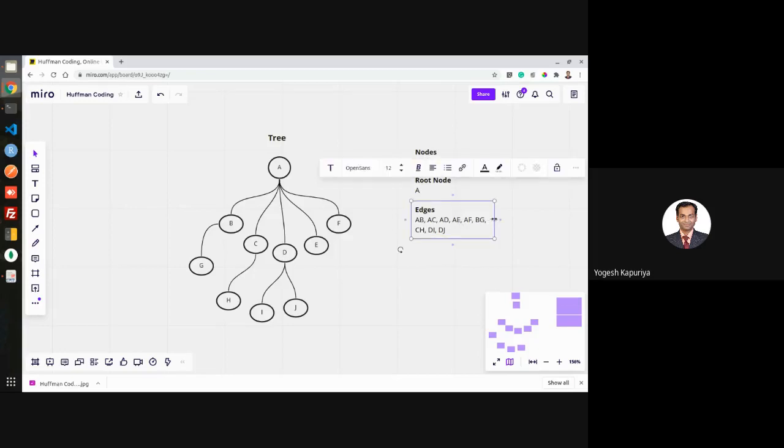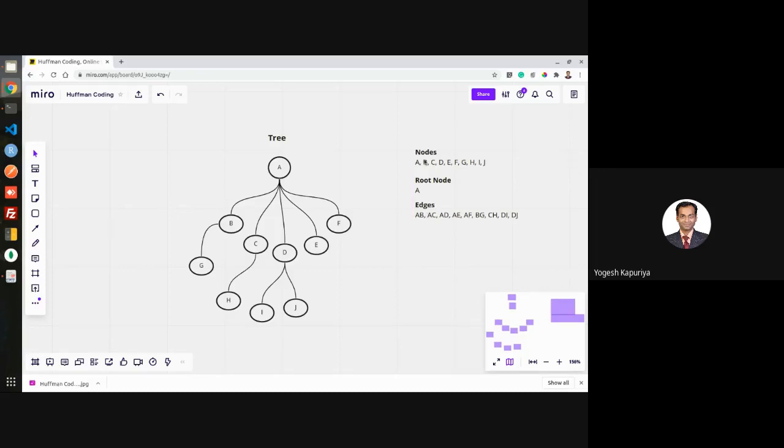Right? So all these are known as edges, which actually represents the connection between nodes.